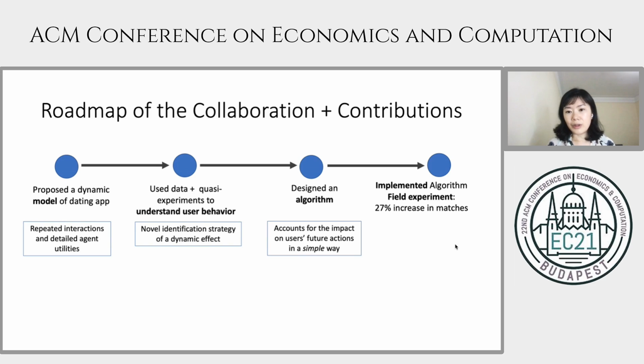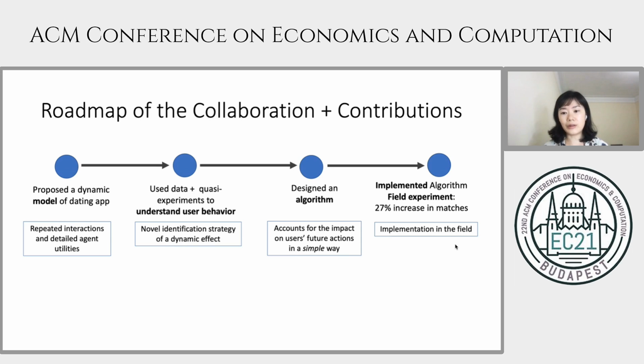And then we use our estimation results and our model to propose an algorithm for the platform to select assortments for each user each day. Here we account for the impact of users' past experience with the platform on their future actions, and we want to account for that in a simple way. And finally, we implement this algorithm through a field experiment.